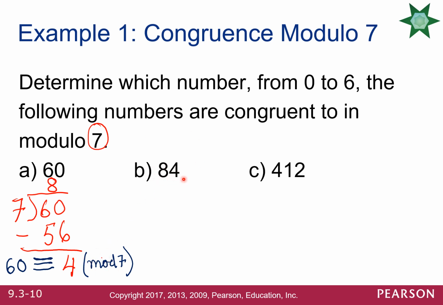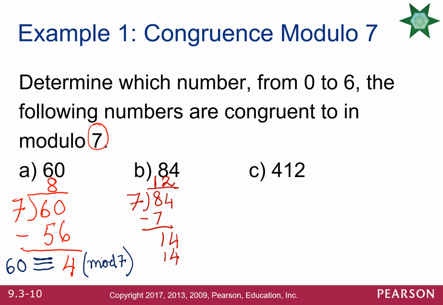B is 84. So again, let's perform the same division. 84 divided by 7. So 1 times 7 is 7. That goes underneath the 8. Subtract, we get a 1, bring down the 4. So 2, so 12 is the quotient, and 7 times 2 is 14.